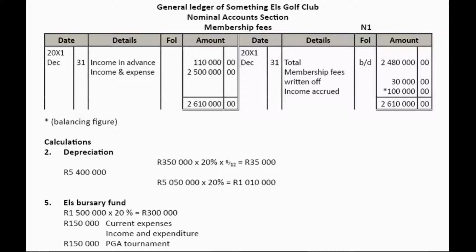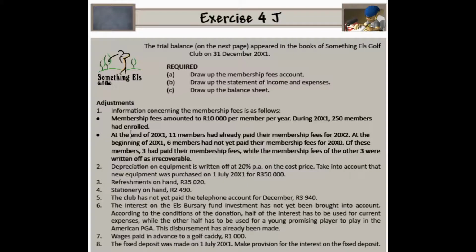If we add the debit side, add the credit side, and deduct the smaller one from the bigger one, you'll see there is 100,000 which we have to enter on the credit side. That is the balancing amount, and that is the amount for income accrued. So open yourself a little income accrued account, and on the debit side, you write membership fees, 100,000 Rand.